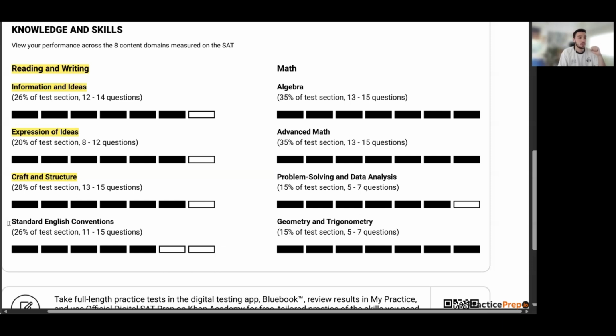And finally, they measure your knowledge of standard English conventions. Conventions are rules, right? So standard English rules. What are these rules? Well, number one, it is about grammar. Grammar can be about tenses. Grammar can be about pronouns. So they measure your knowledge of tenses and pronouns.